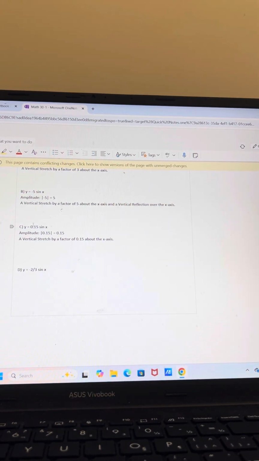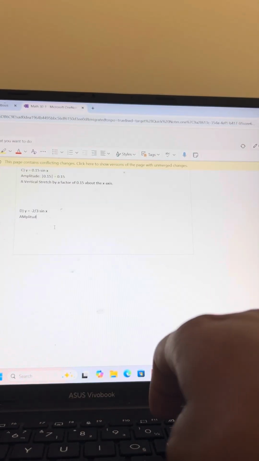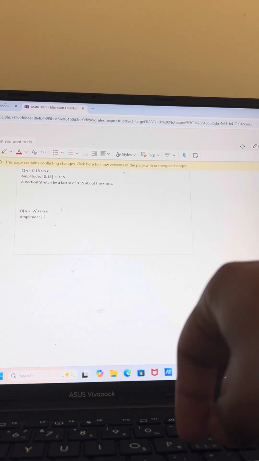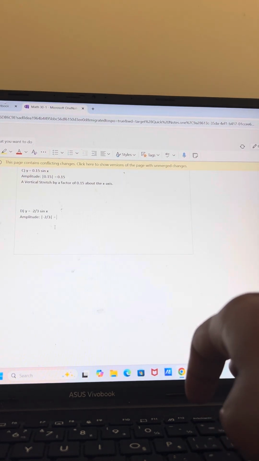And lastly, for D, our amplitude is going to be the absolute value of -2/3. And this is going to equal 2/3.